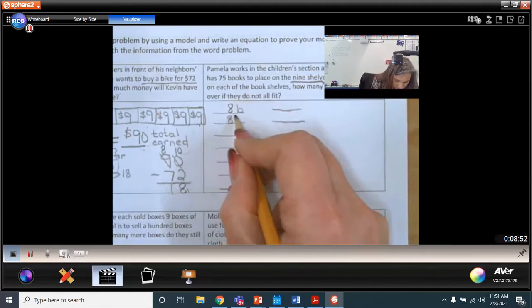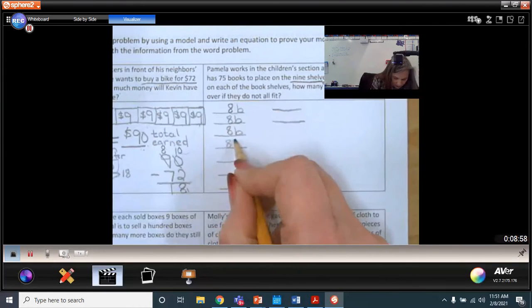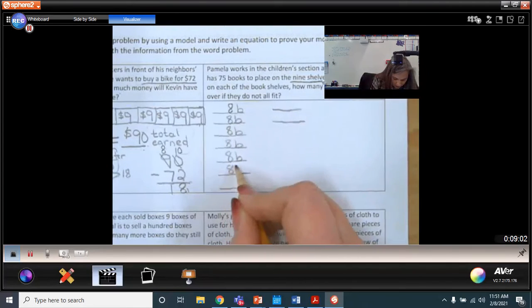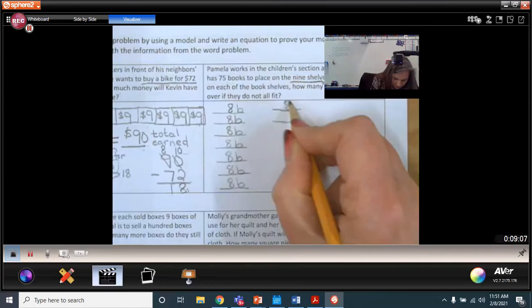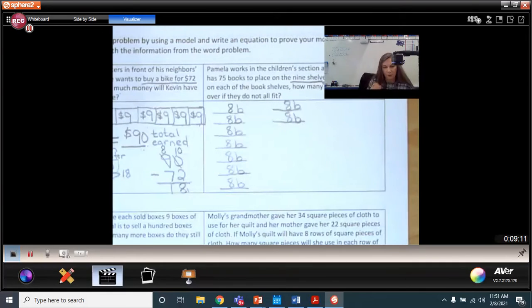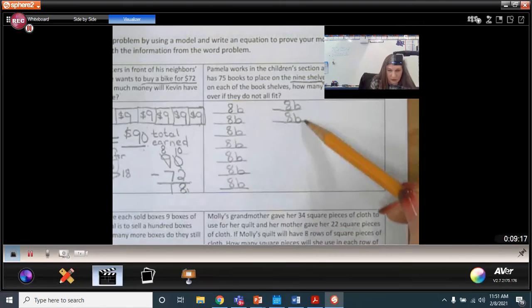This shelf is also going to have 8, and 8 books on each of the next shelves, and finally 8 books on the 9th shelf.